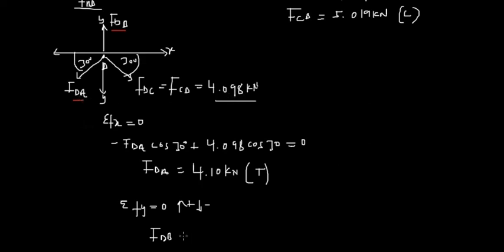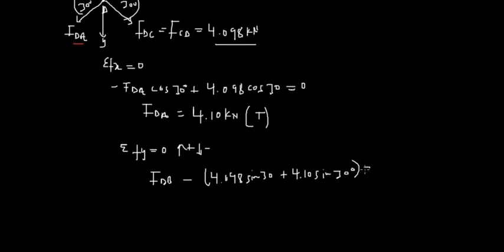So we have minus 4.098 sine 30 degrees plus FDA, which is 4.10, sine 30 degrees. Then we equate that to 0.